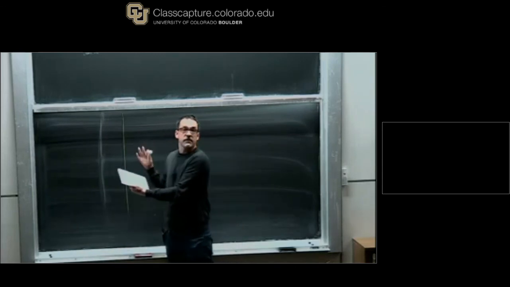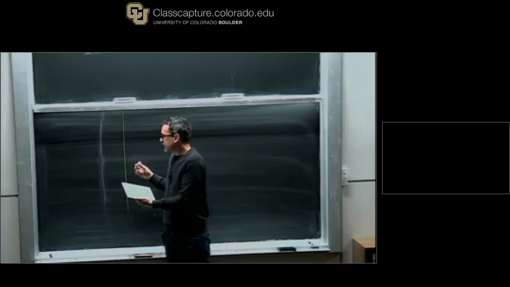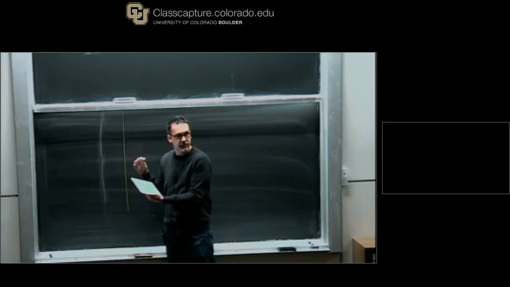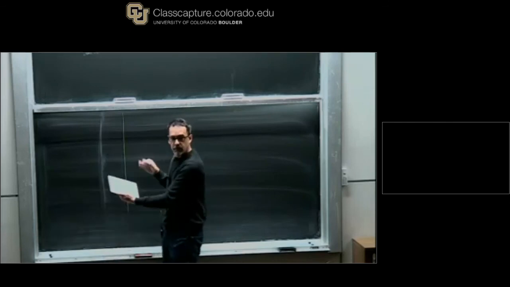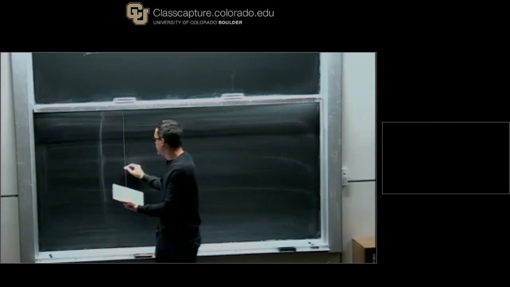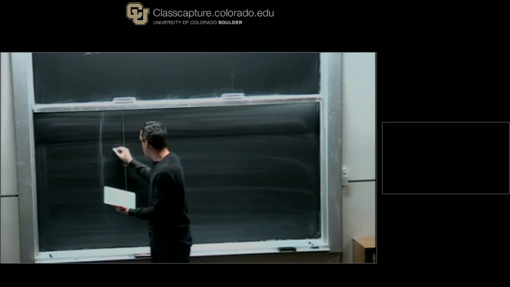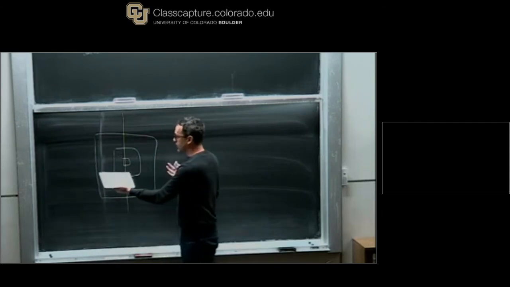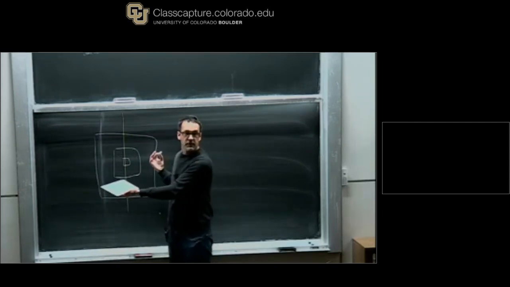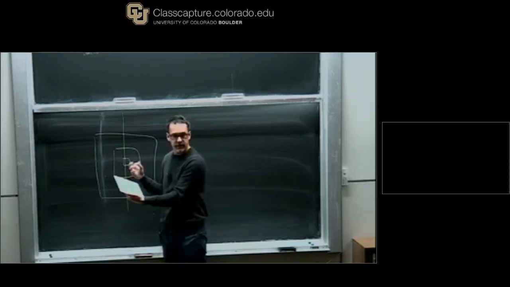And these correlations occur on different length scales. On the smallest length scale, just nearest neighbor spins are fluctuating together. But then spins that are a little bit further apart are also fluctuating together. So you have these blocks of spins fluctuating together, leading to non-trivial correlation functions if you take a spin here and a spin here.